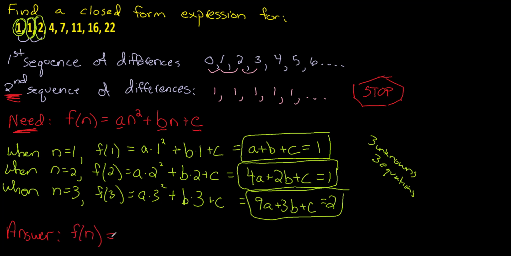A was equal to 1/2, B is -3/2, and C was 2. If you plug in various values of n, like n equals 1, 2, 3, 4, or n equals 5, you should end up with 7. So you could go through and check your work.